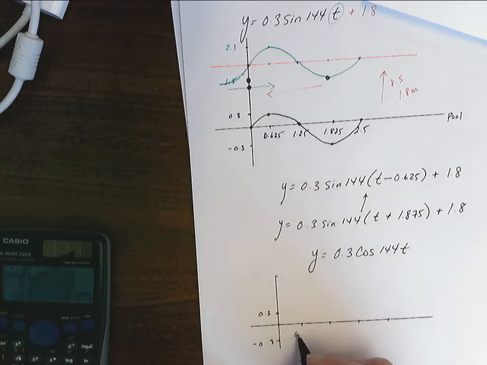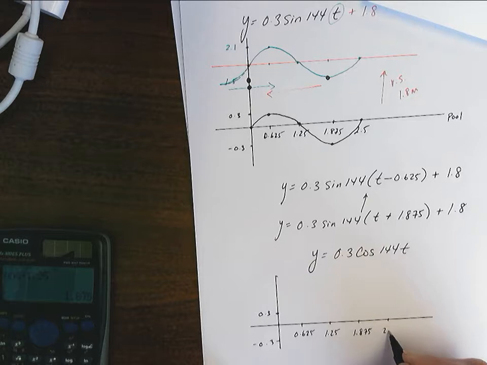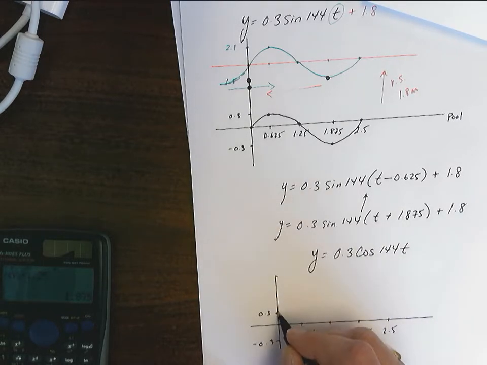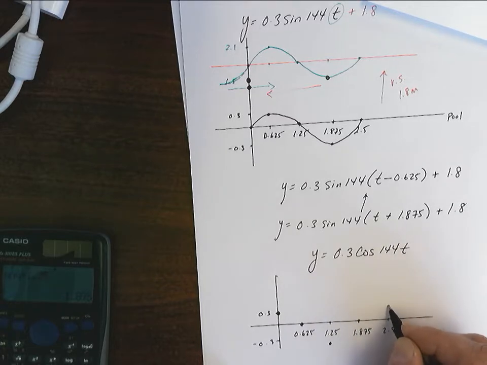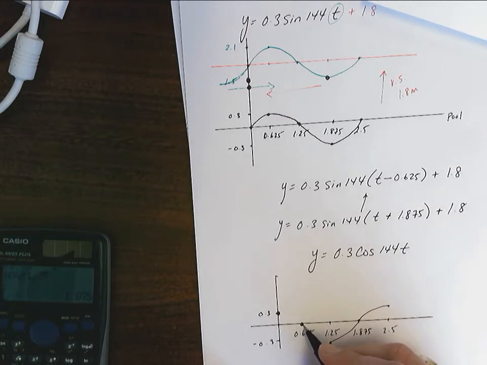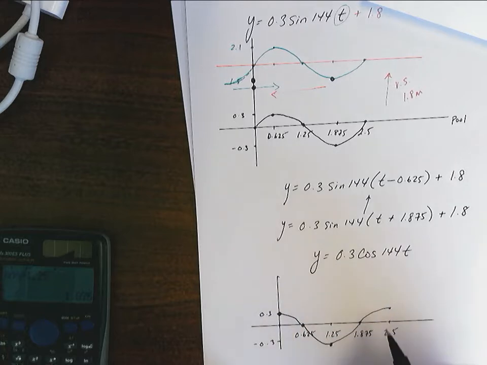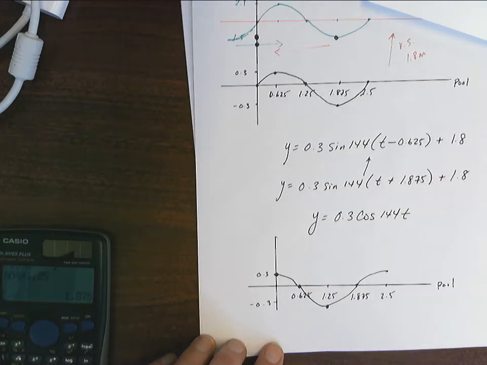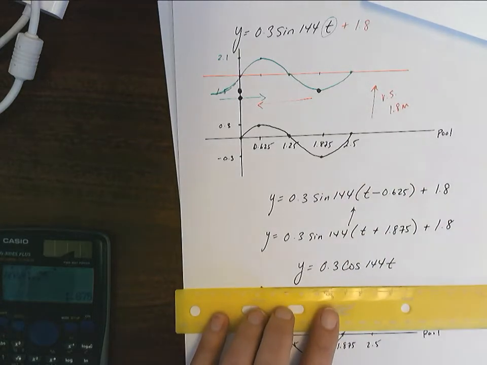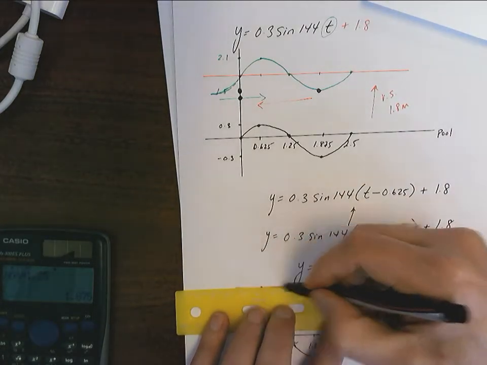The period is still the same, 0.625, 1.25, 1.875, 2.5. It's cosine this time, so it goes from here to here to here to here to here. But notice, we're bashing through the bottom of the pool again. What have we forgotten? We've forgotten that vertical shift up. So that vertical shift up goes up 1.8 meters.